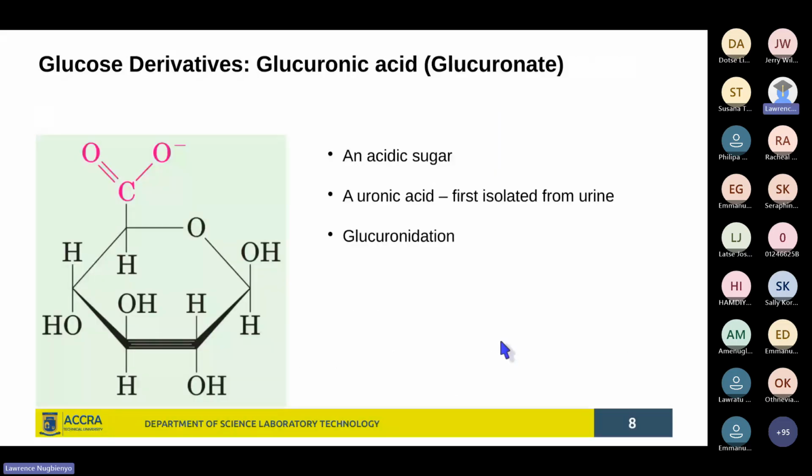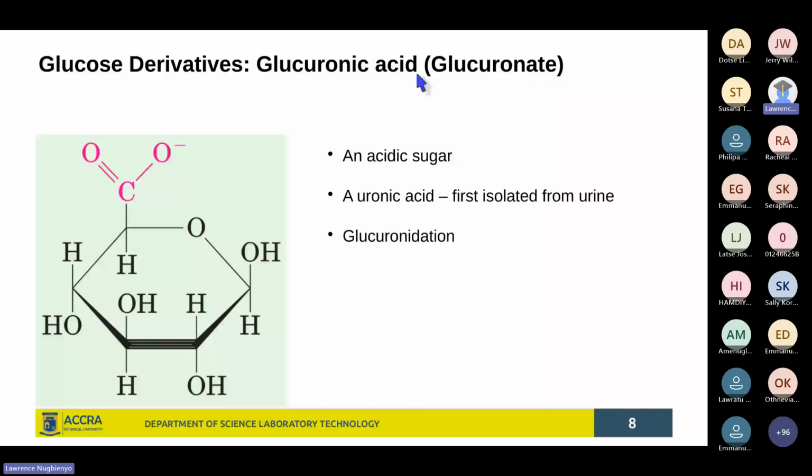So we move to another glucose derivative that you also come across along the line. That is glucuronic acid. Glucuronic acid, sometimes you can also refer to it as a glucuronate. So if you see glucuronate when you are reading, it is the same as glucuronic acid.